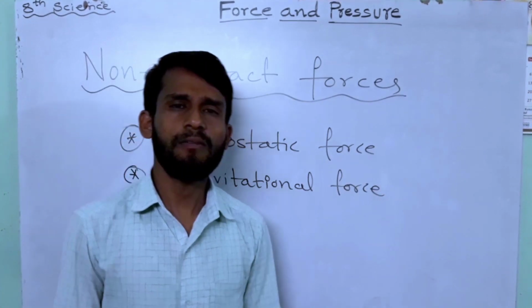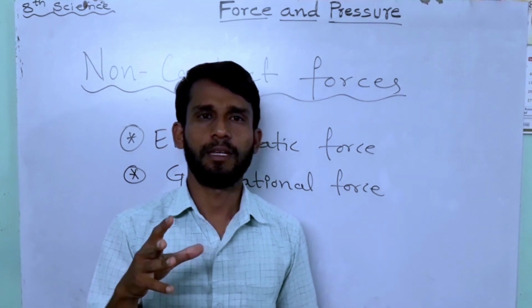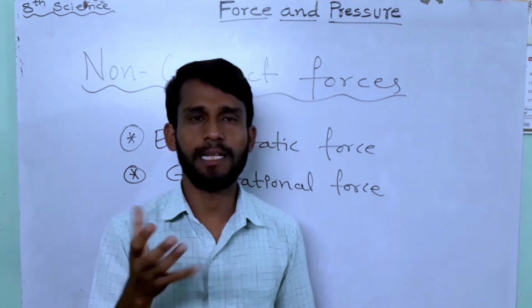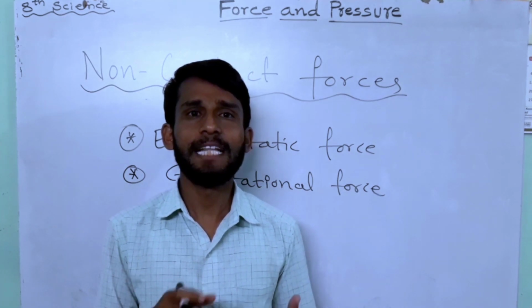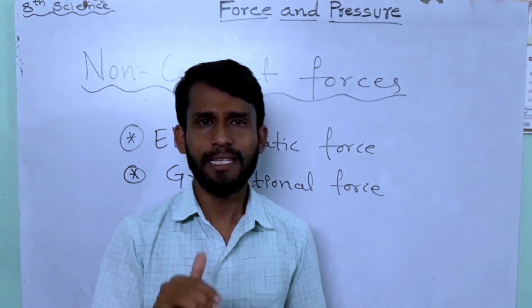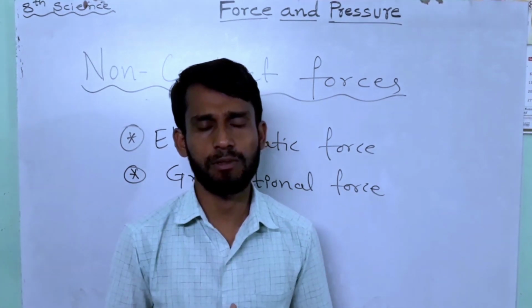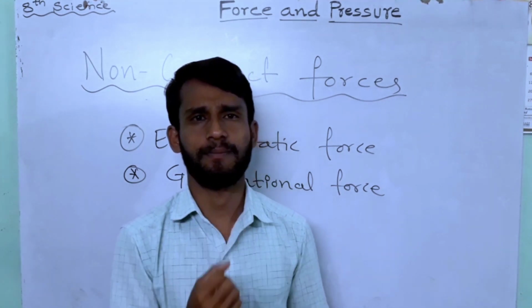Dear student, gravitational force means when you take any object, any ball or pen or chalk piece, and it slips from your hand, it falls downward only. This is what we call gravitational force, because here the earth is attracting the objects.